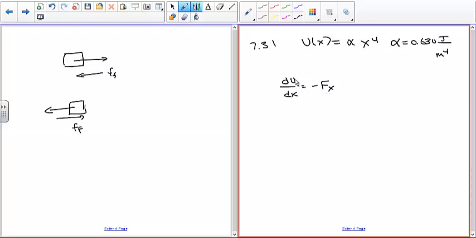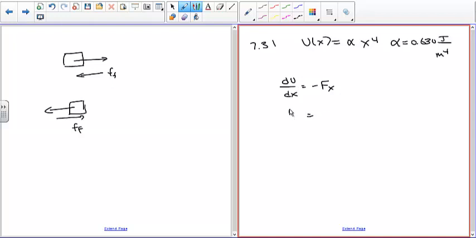In the previous problem, we calculated work, which is related to potential energy, directly by integrating the force through a distance. Here, we're given the potential energy, and then we want to calculate the corresponding force. So all we have to do is take the derivative of this expression.